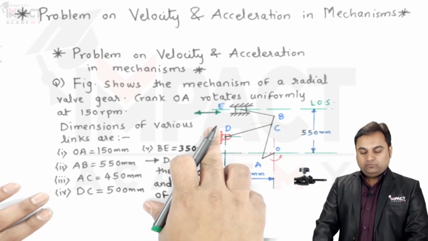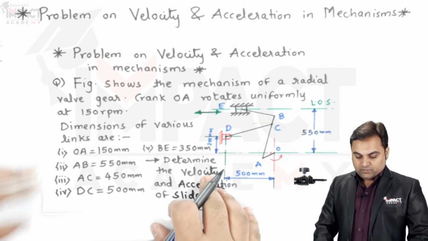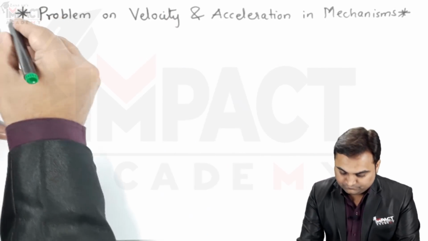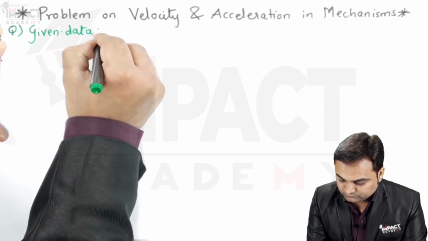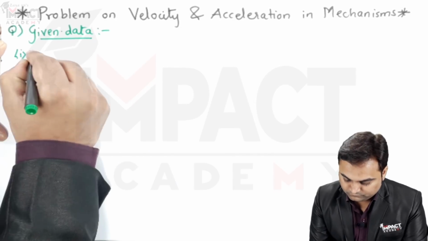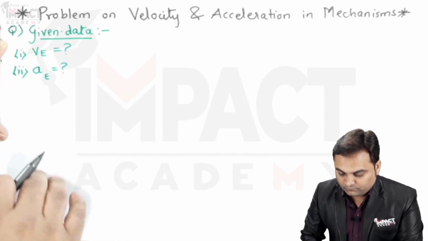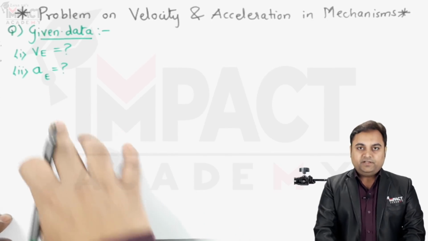So we have to find out how much is the velocity and acceleration of this slider. So that's the question. So the question is, we have to find the velocity and acceleration of slider E.